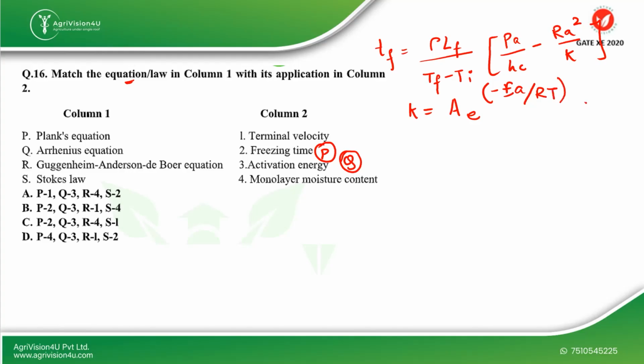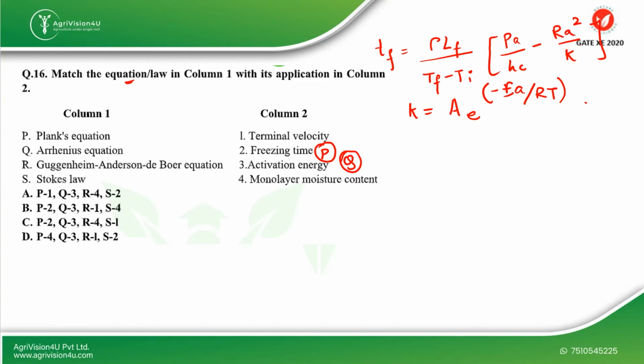Next, Brunauer-Emmett-Teller, or rather GAB, Guggenheim-Anderson-de Boer equation. This equation is used to describe the adsorption of gases on solid surfaces, particularly the monolayer adsorption. It helps to calculate the monolayer capacity of the solid adsorbent.